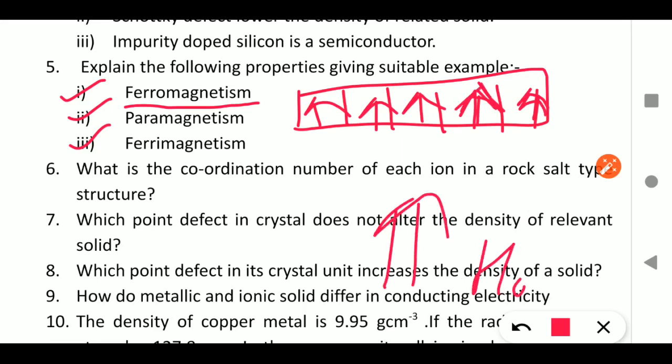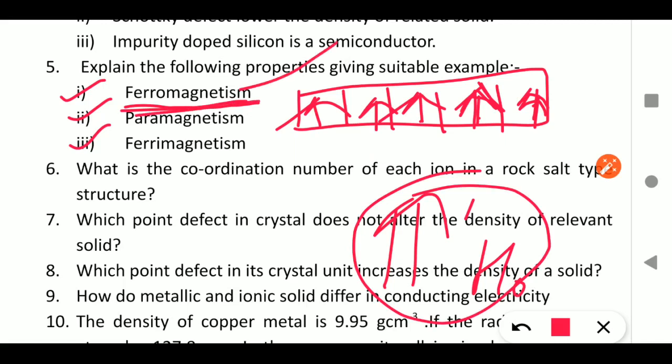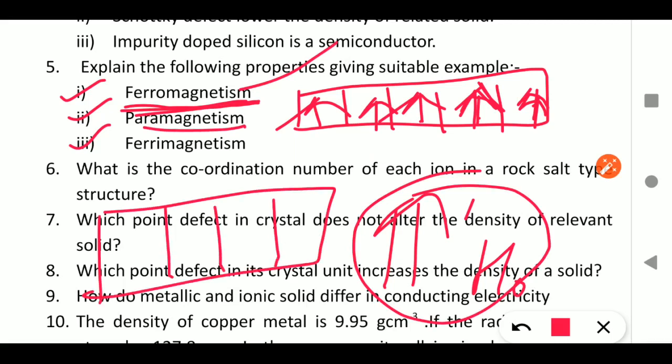So you are looking, the magnetic field of the electron is in the direction of the applied magnetic field. This is known as ferromagnetic substances, and these are used to prepare permanent magnets. And paramagnetic, when the alignment of individual electrons is random with respect to the applied magnetic field, these are slightly attracted towards the magnetic field.